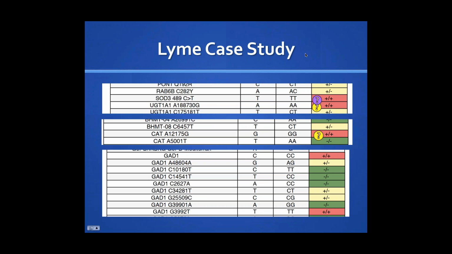He also had an SOD gene variant, which keeps him from breaking down superoxide, so he has high levels of superoxide molecule. And he had the CAT gene, so it keeps him from breaking down hydrogen peroxide. He also had the GAD gene, with a couple of variants there, which keep him from breaking down glutamate. So these three, along with not even making methyl groups in the first place, really set him up for this whole situation.